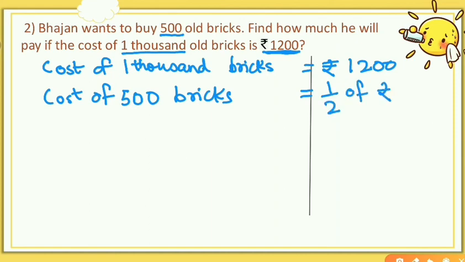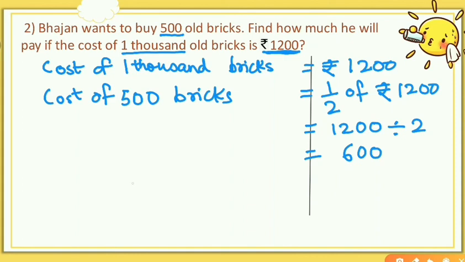Of rupees 1200. So this 1200 you have to divide by 2. When we divide this by 2, we get our answer as 600.